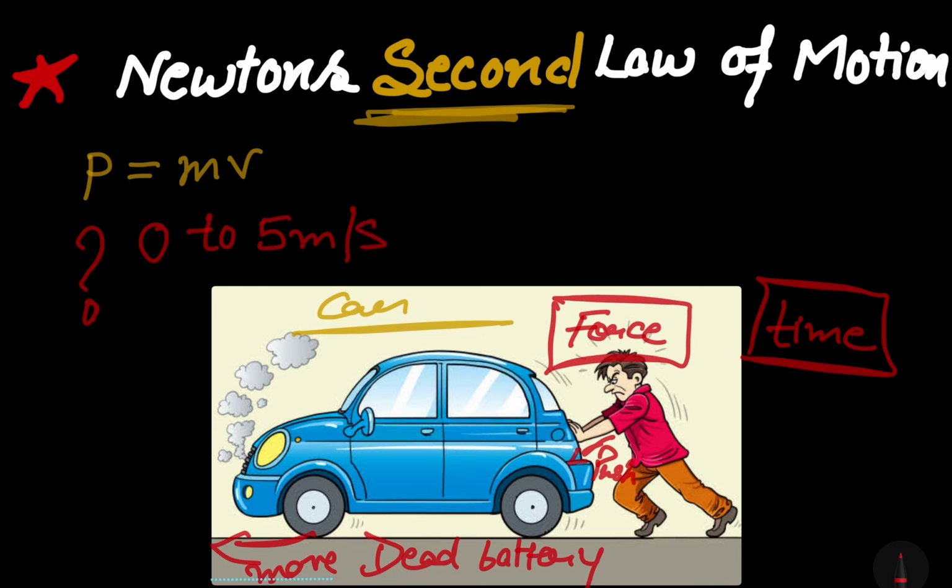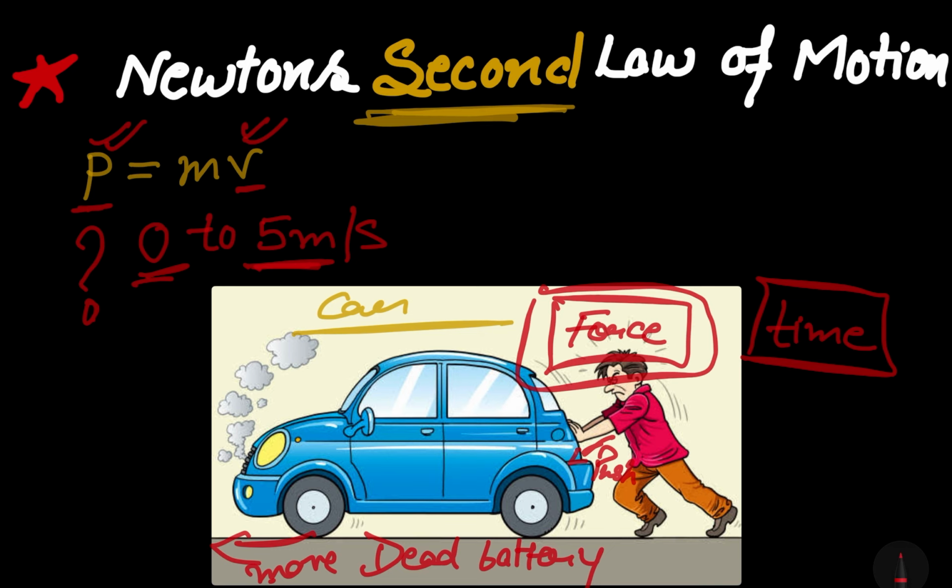This means that a change in momentum is produced. Why a change in momentum? Because the velocity is changing from 0 to 5 meters per second. If the velocity is changing, momentum, which is mass into velocity, is also changing. So the change in momentum is produced by the applied force.